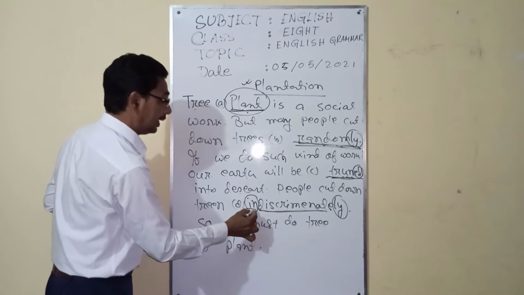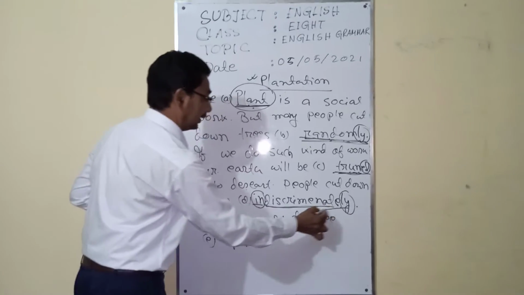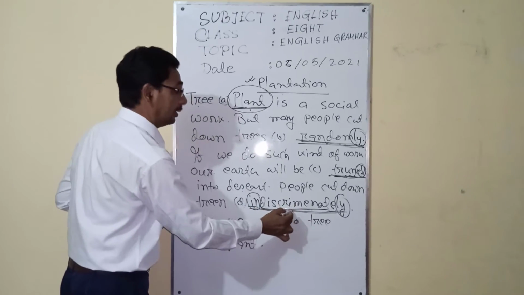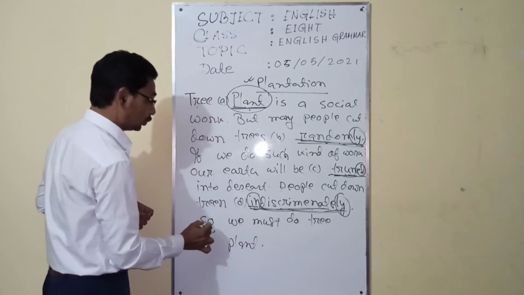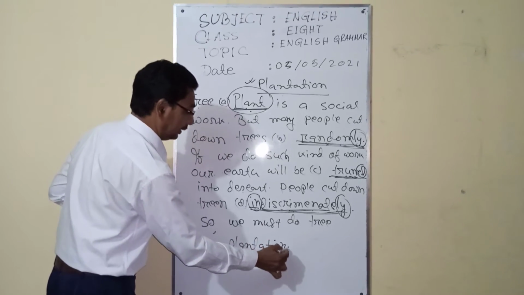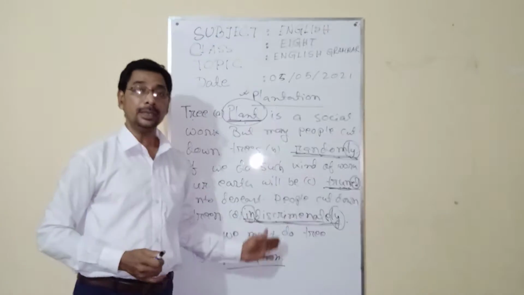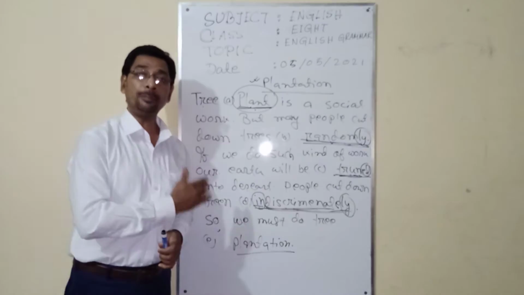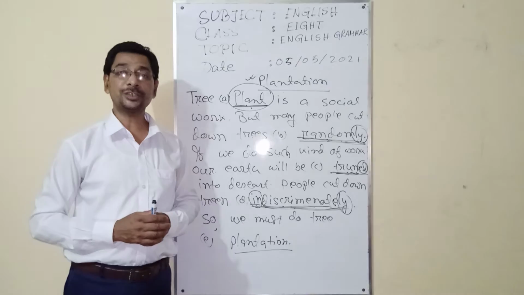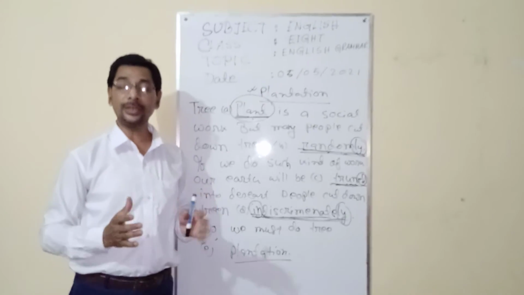I have added in before the main word and ly after it. So we must do tree plantation, and this is a suffix. Now this is a complete passage with complete meaning. This way I request my students to go through every passage according to meaning.